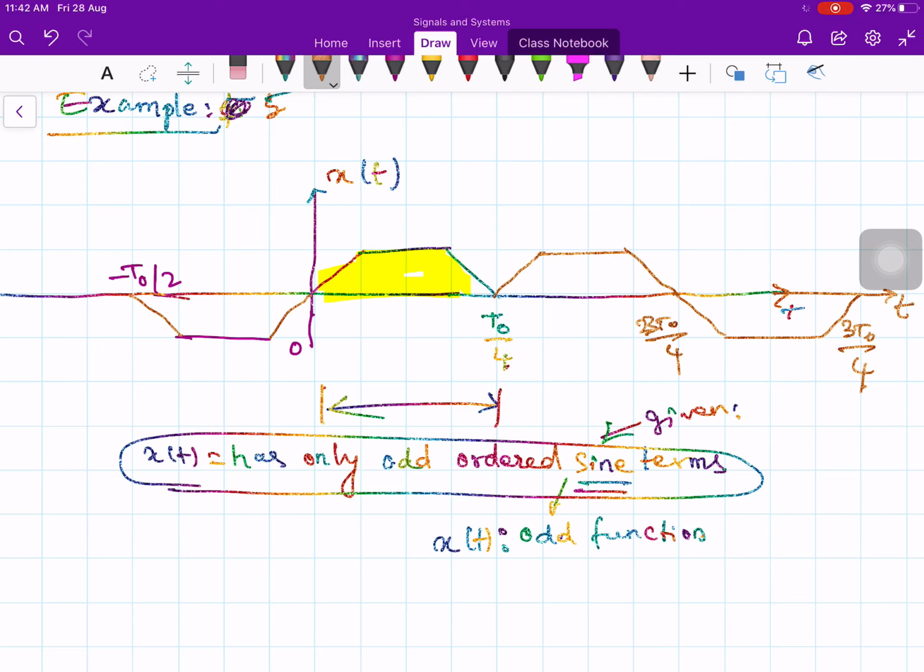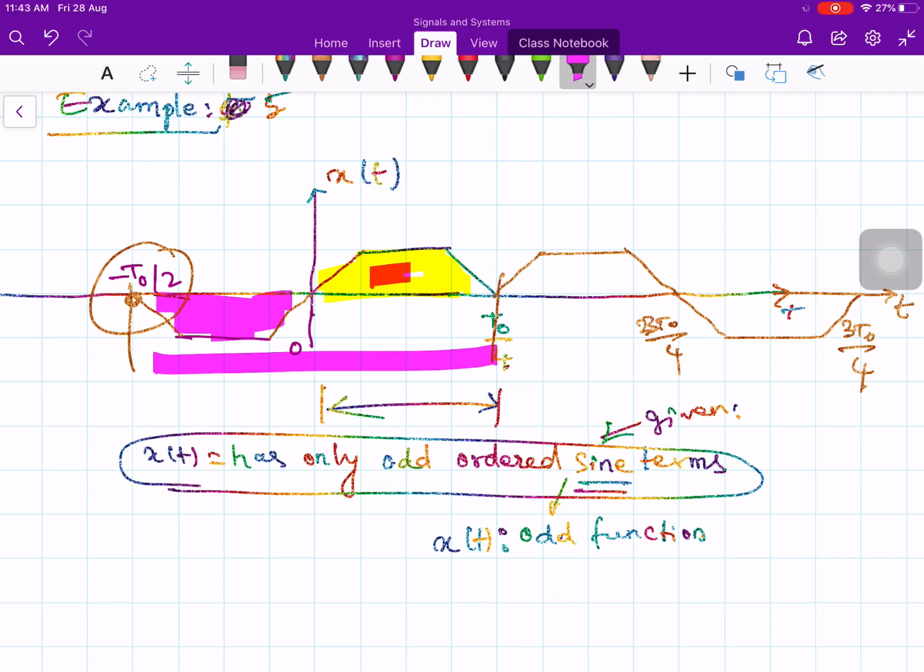So this is a starting point. In this half cycle, this is the sequence of values. These two values occur, and the same values occur in the next half cycle also. So that's how you fill the waveform.